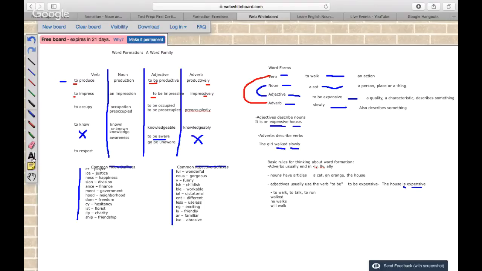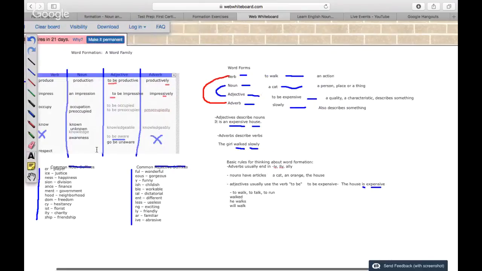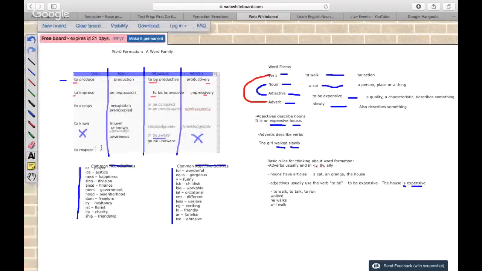Okay, and then to respect. So let's see the noun here. Would just be respect. The adjective would be to be respectful.